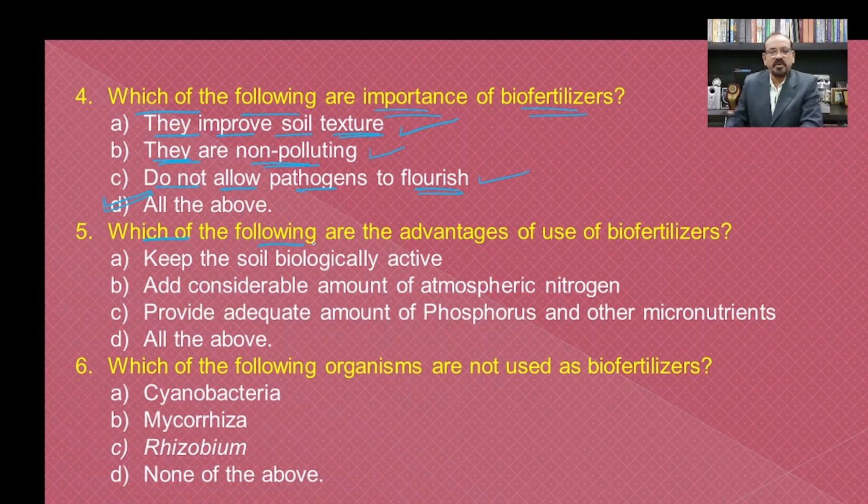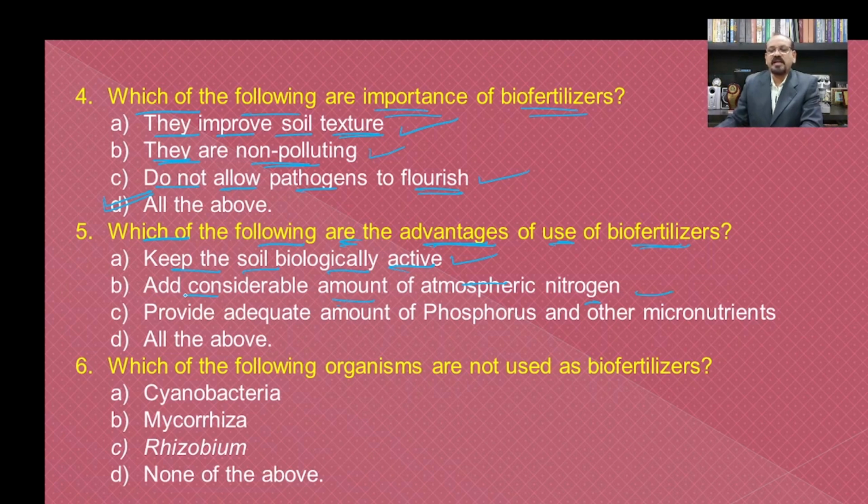Then which of the following are the advantages of use of biofertilizer? If the biofertilizers will be used in the fields, then what will be the advantages to the farmers? Keep the soil biologically active. This is correct, as it is responsible to increase the texture of the soil and the nutrients in the soil. Then add the considerable amount of atmospheric nitrogen.